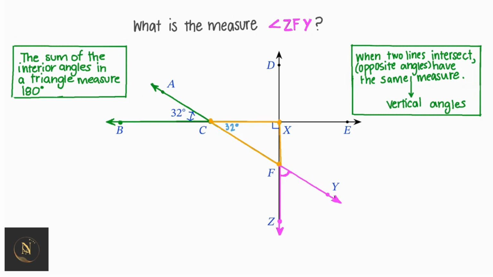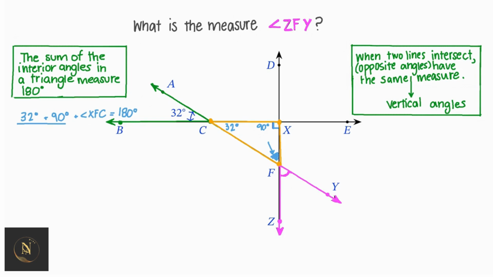And if we add up all the angles inside this triangle, they will equal 180 degrees. We have 32 degrees. This symbol represents a right angle, and right angles measure 90 degrees, plus our unknown measure of angle XFC is equal to 180 degrees.